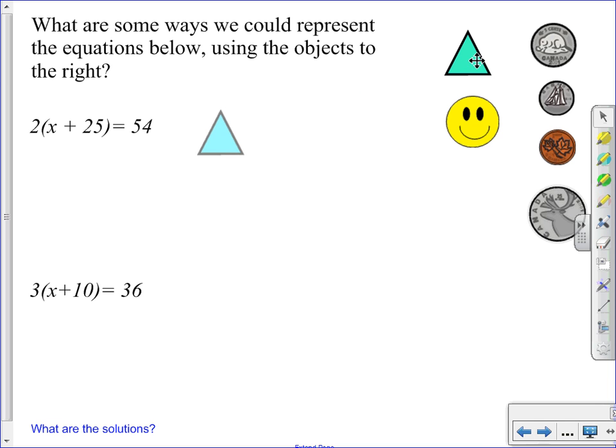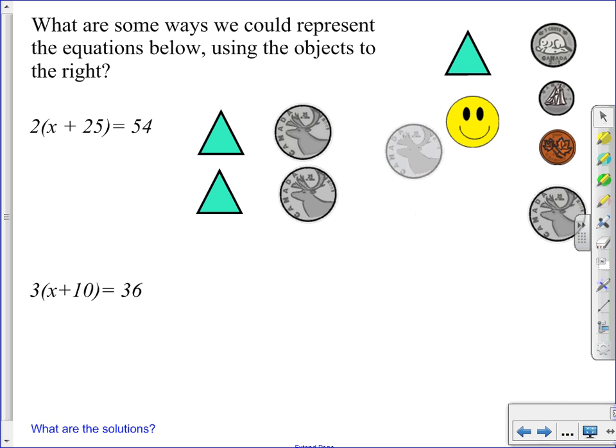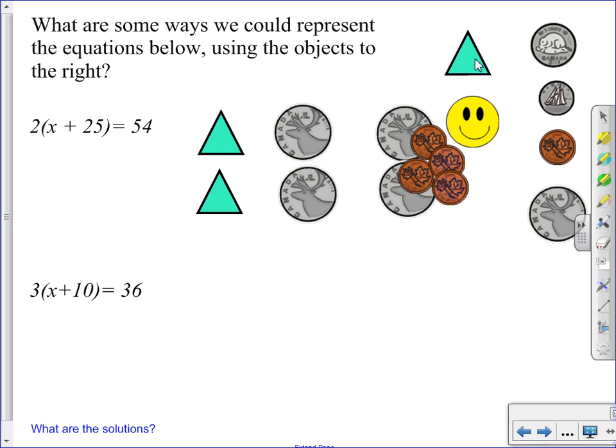That plus 25, and I have it twice. There's two groups of that plus 25, and it equals 54 cents here. So we have that plus that. Okay. So how are we going to deal with that?